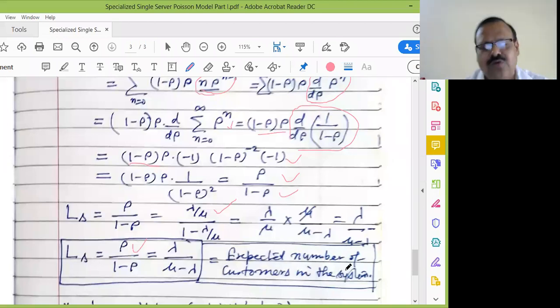Unless we know how many persons are in the system, how many patients are in the system, we cannot effectively and efficiently manage the system. So this formula is not a manager, but this is a tool. This is a helping knowledge for the manager.